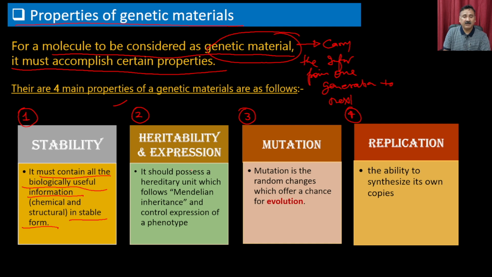Then it should have heritability and expression. So it should possess hereditary units which follow Mendelian inheritance and control the expression of a particular phenotype. I think you are going to understand all this when we talk about transcription and translation, how there are different components within the genetic material that control the expression of a particular gene.